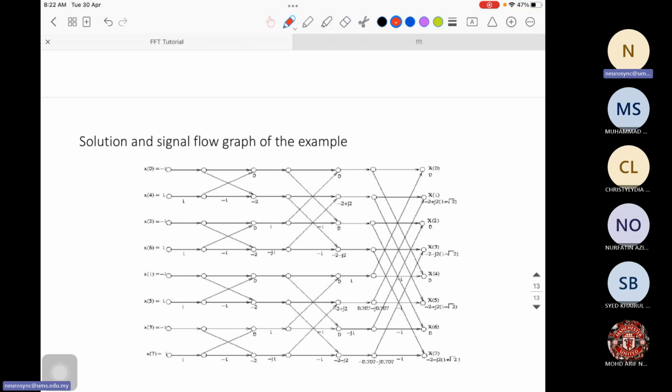Here it is stage 1, this is stage 2, this is stage 3. You can check where omega comes. Wn by 4 will come here, Wn by 2 will come here, 0 1, and Wn will come here.